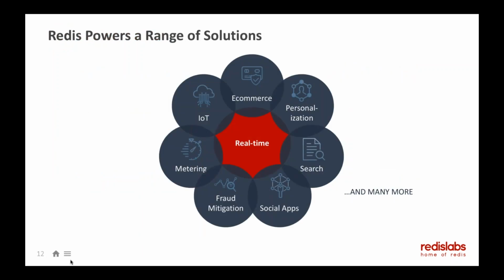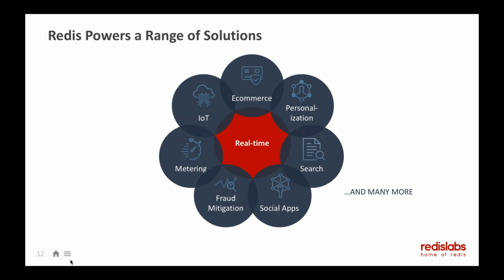Now Redis can be used in many use cases. I wanted to quickly highlight some of them so that you're aware of the capability of Redis itself. First of all, it's a NoSQL real-time database. I think it's front and center there. But some of the other use cases worth mentioning, you can use it for e-commerce, you can use it for IoT applications, you can use it for metering, fraud detection.